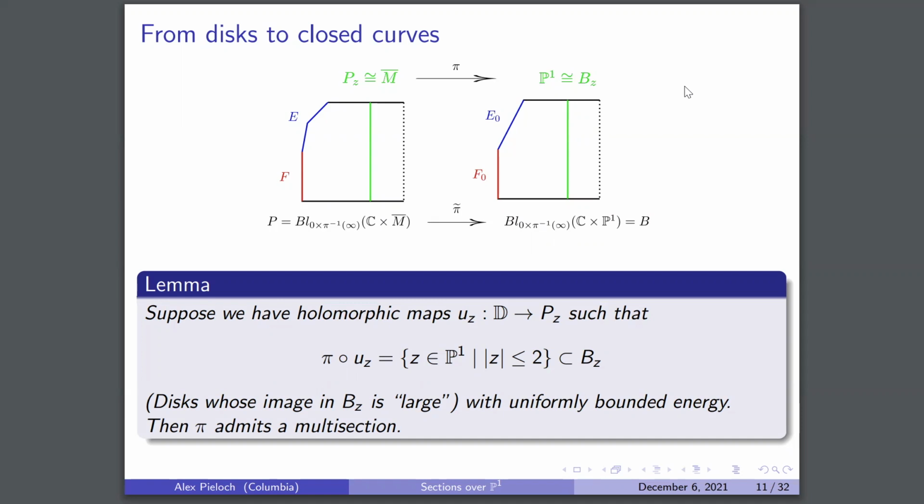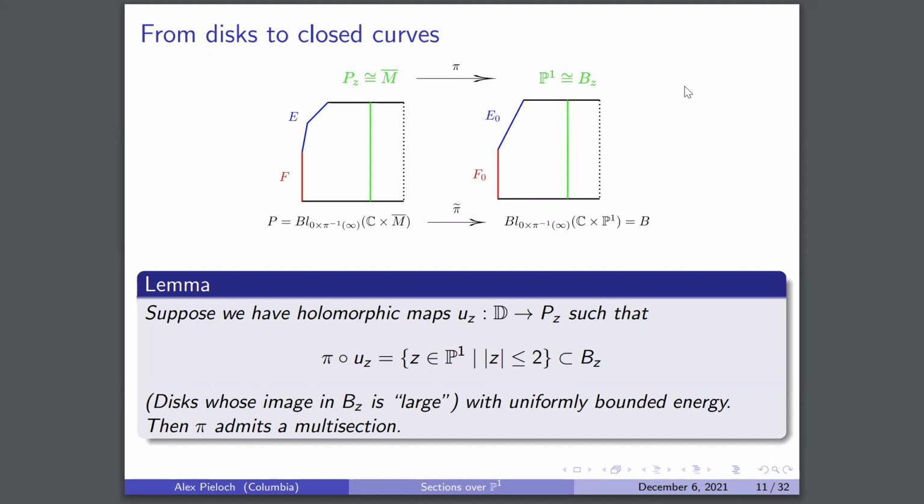So let's suppose that we have holomorphic maps, UZ, that go from the disk to each one of the fibers of our degeneration of the normal. So each one of these PZs. And here we want the image of these disks when we project them downstairs into B to be very large. Okay, so here I just wrote that the radius is 2. So I want them to essentially cover the equator and a little bit more.